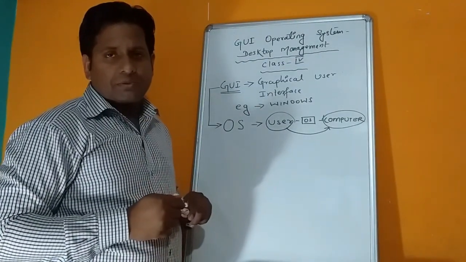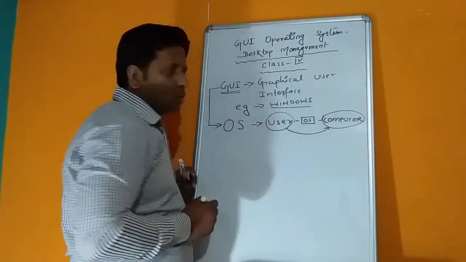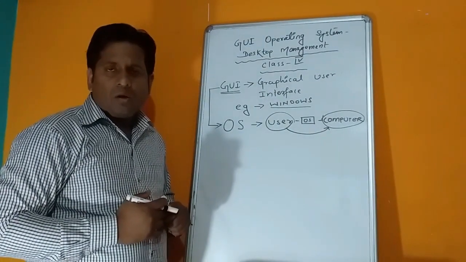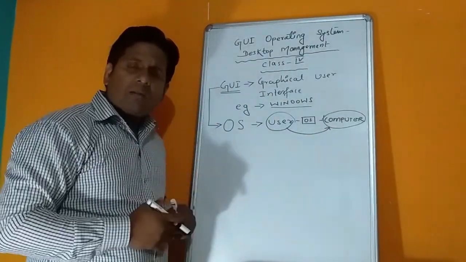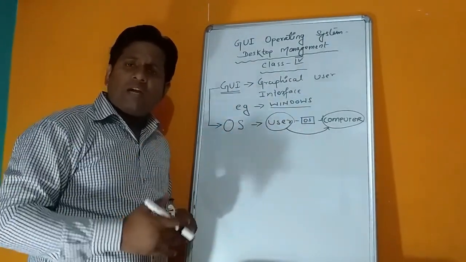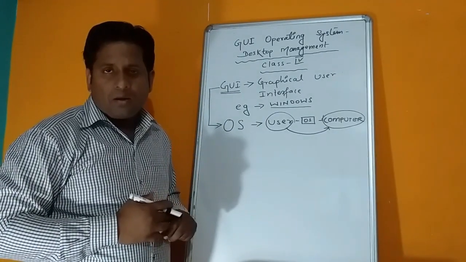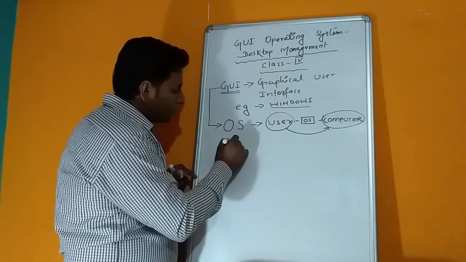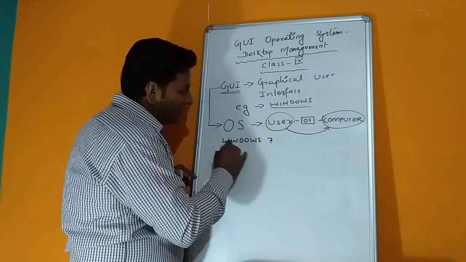And the best example is Windows. But Windows has many versions, starting from Windows 95, 98, XP, then Windows 7, Windows 8, 8.1 and Windows 10. But in our syllabus we'll be learning about Windows 7.